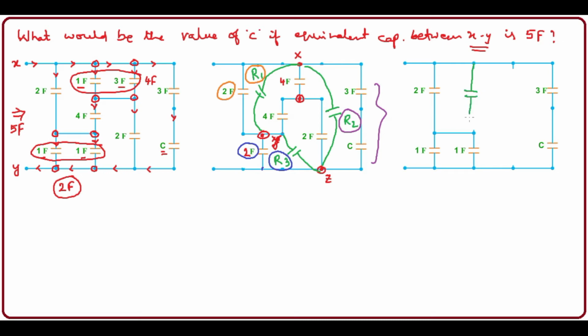This part is, as we know, R1, and this is R3, and from here to Z it is R2. Remember, this is not up to here, this is up to Z, that means ground.